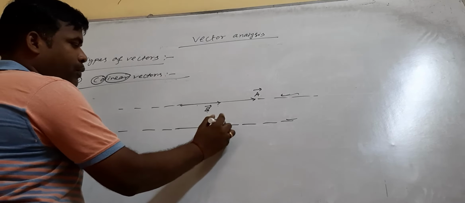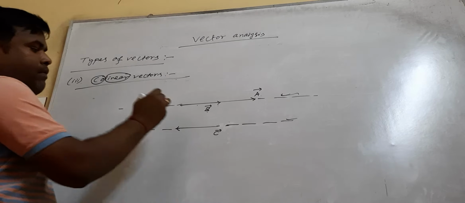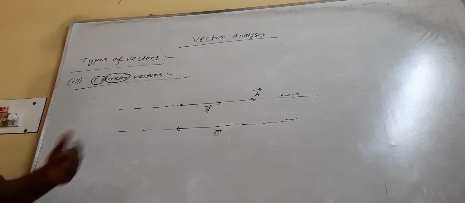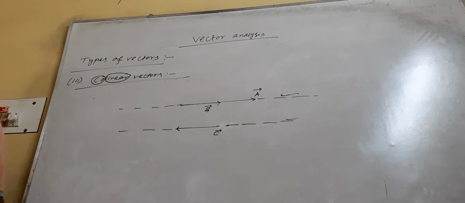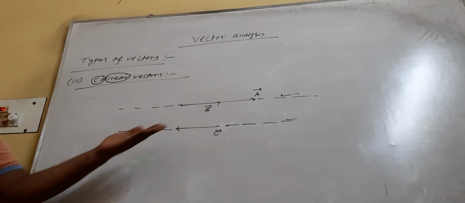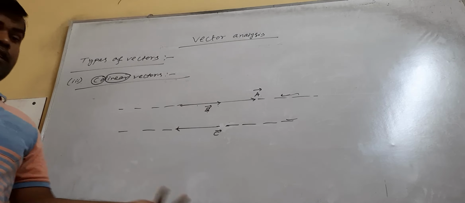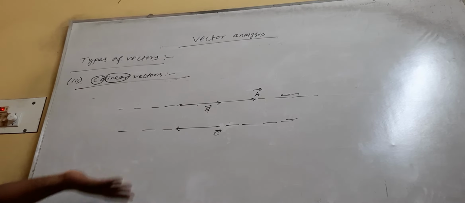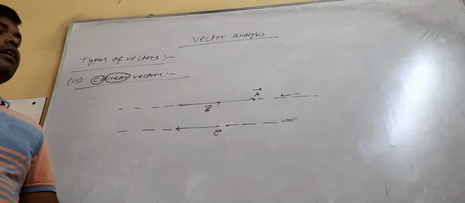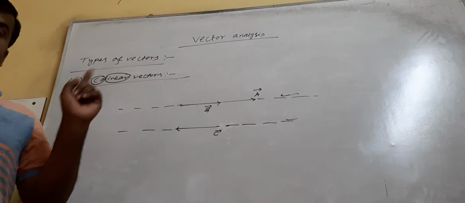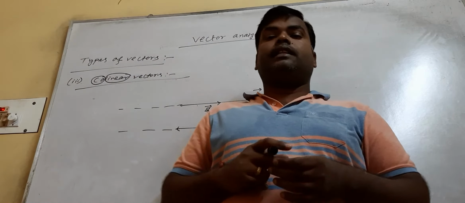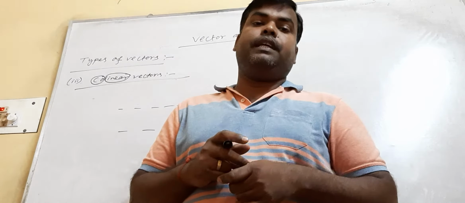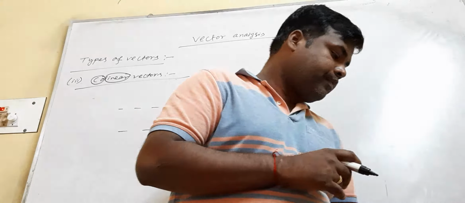If I put the direction towards the left, then what happens? The lines of action of A and C are parallel to each other. Then the direction is immaterial, meaning the direction may or may not be the same. But if the line of action is the same or parallel, then the vectors are said to be collinear.